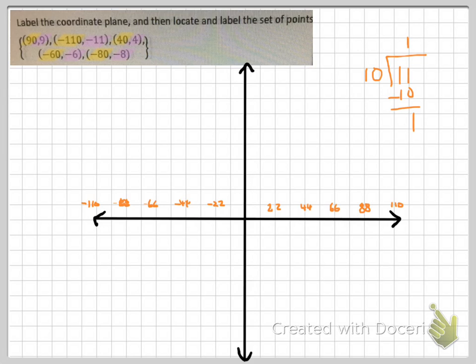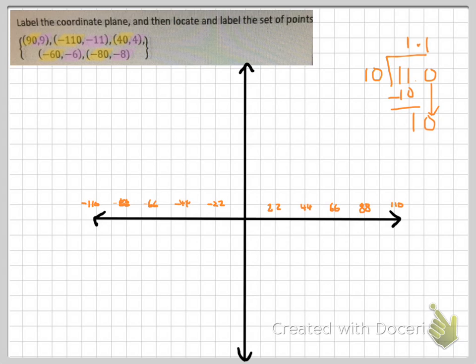Subtract, I get 1. I can add a decimal and a 0 and bring it down, and then 10 goes into 10 one time. The decimal goes straight up into my answer, so I could make each of these spaces 1.1. So in order to get negative 11 on my coordinate plane here, my spaces have to be just a little bit bigger than 1. Well, I don't know if I really want a 1.1 interval, so I'm going to bump that up to 2.